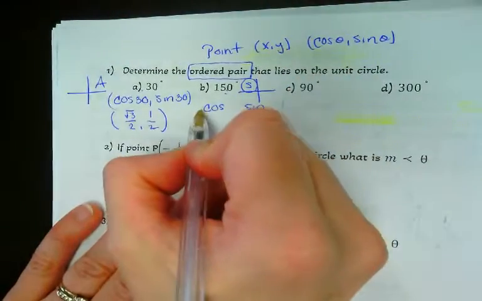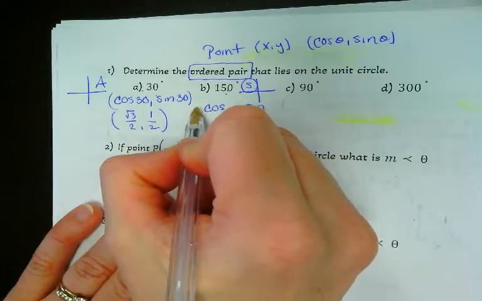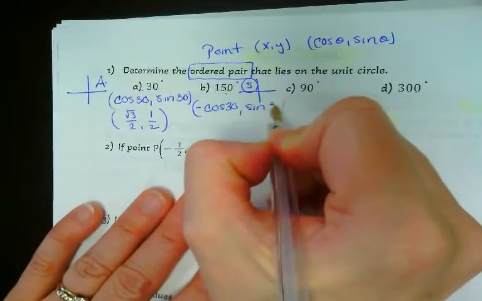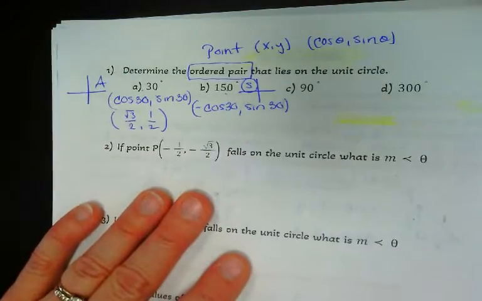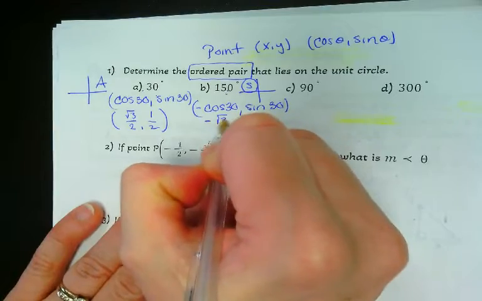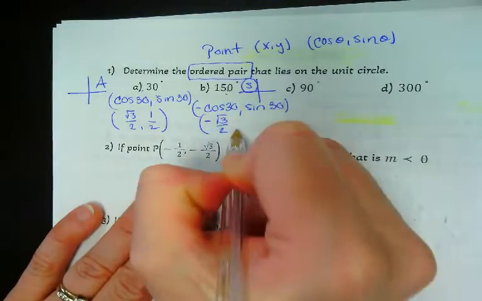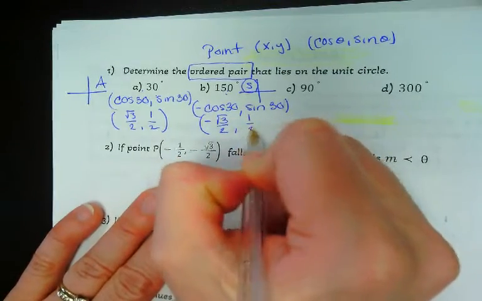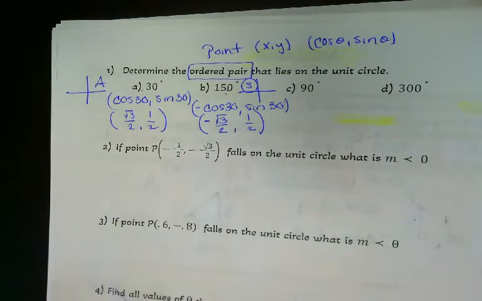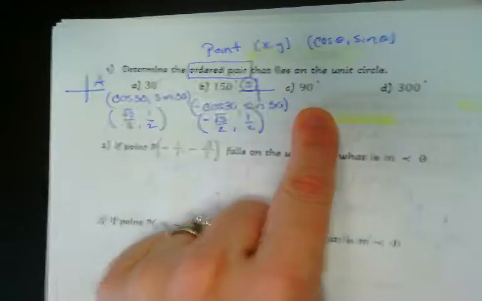So is cosine going to be positive or negative? Negative cosine of 30. Positive sine of 30. So this is going to be negative root 3/2, comma, 1/2. Do we see how it's somebody from our table of values? It's always a 30, 60, or 45 until I get to the next one, 90.